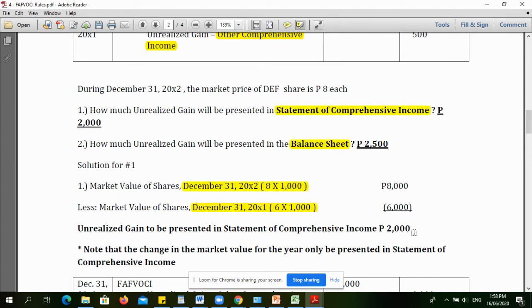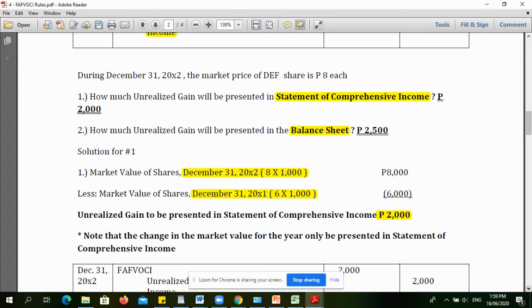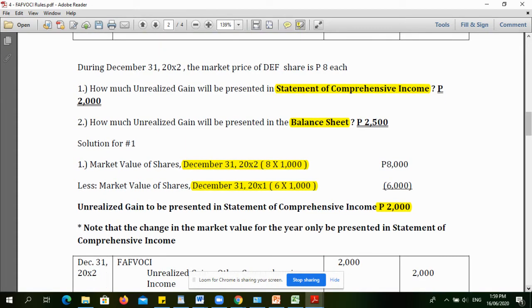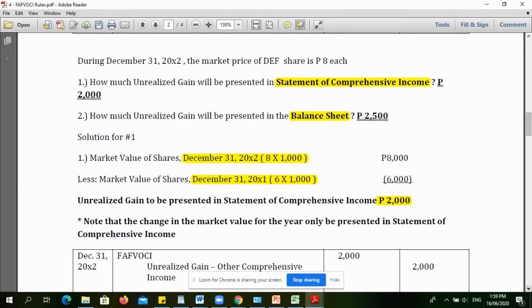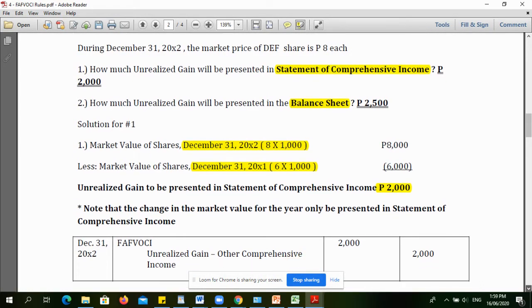So this is the unrealized gain to be presented in Statement of Comprehensive Income. 2,000 pesos. Kasi ito yung changes between December 31, 20x1 and December 31, 20x2. So again, change in market value for the year will only be presented in Statement of Comprehensive Income.